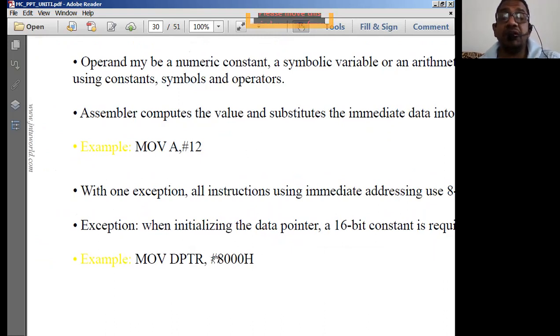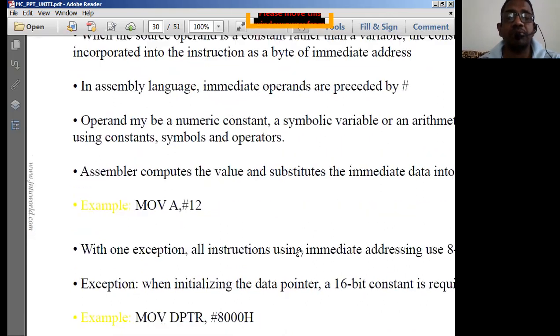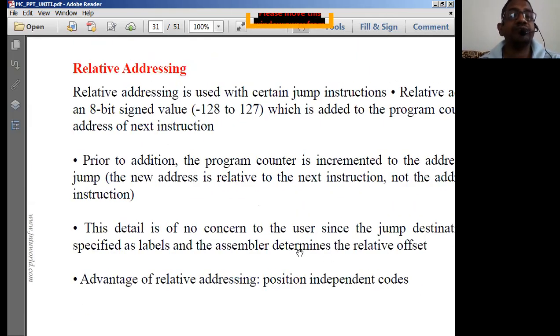But for DPTR, 8-bit data is not accepted because DPTR is a 16-bit register, containing the lower-order and higher-order data of the DPTR register. So this is one of the exceptions or constraints you have in immediate addressing mode instructions.